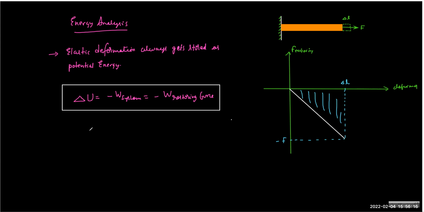So we know that delta U is minus work done, and work done is the area under the curve of F and x. So what is the area? Area is minus half into F into delta, because it's a negative area. You can see minus F is the height and delta is the base. Delta is a positive number.